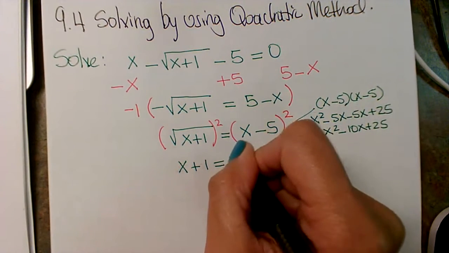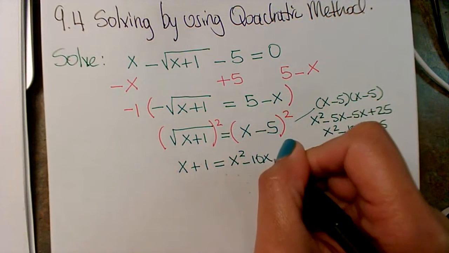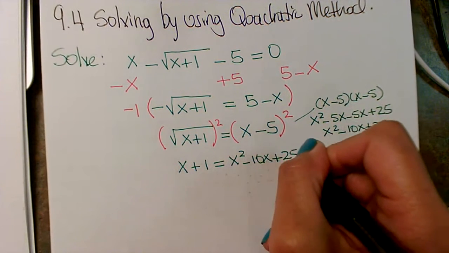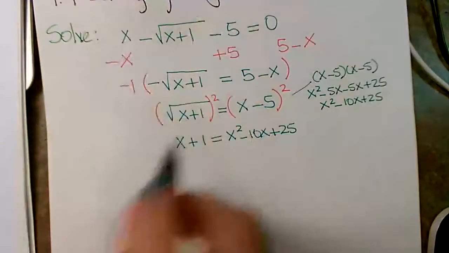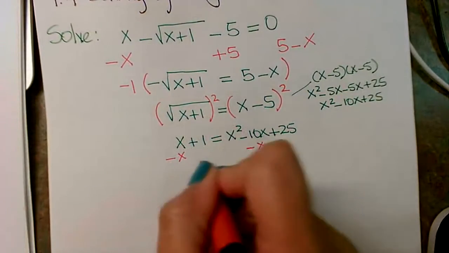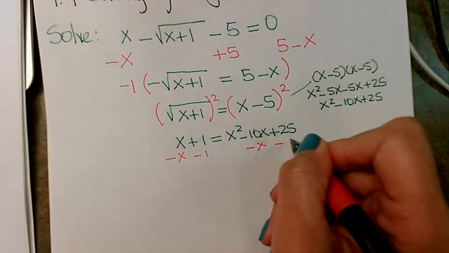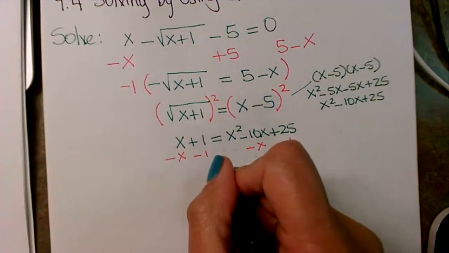Right? x squared minus 10x plus 25. Now let's combine like terms. I'm doing that in one step, okay? I'm not doing it in two steps.